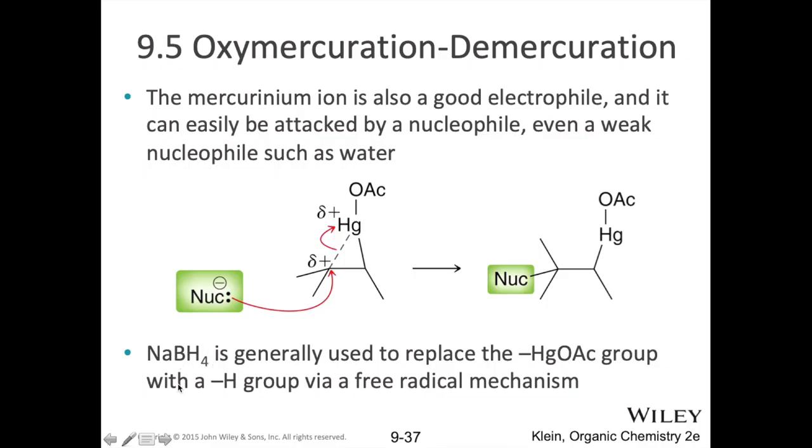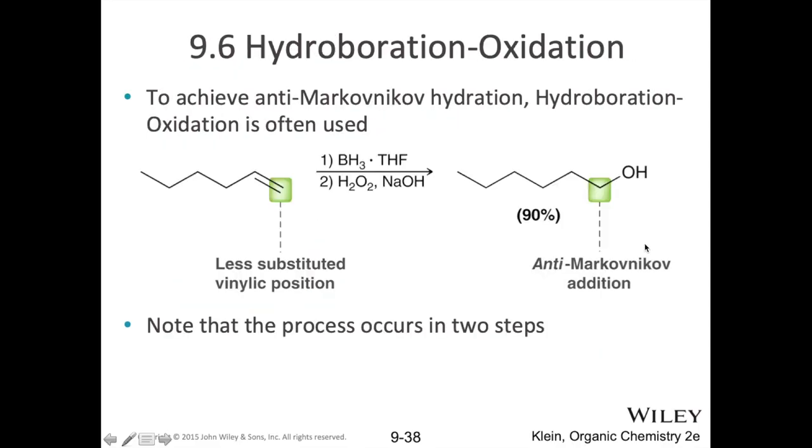All right, essentially the hydride ion from that can come in and knock out the mercury part and replace it with that hydride. Okay, so that's one reaction where we can get the Markovnikov addition without worrying about any carbocation rearrangements.